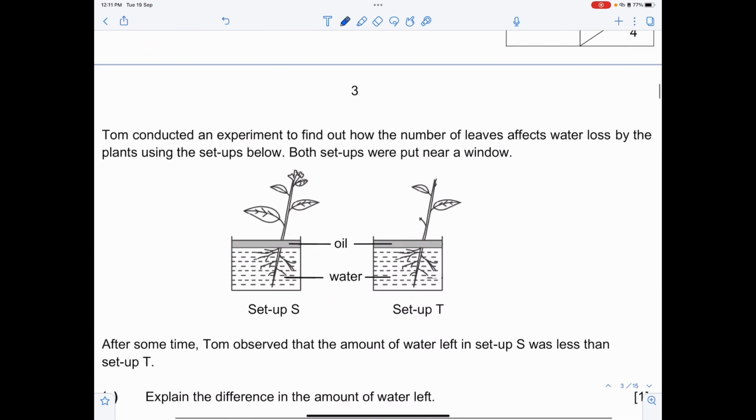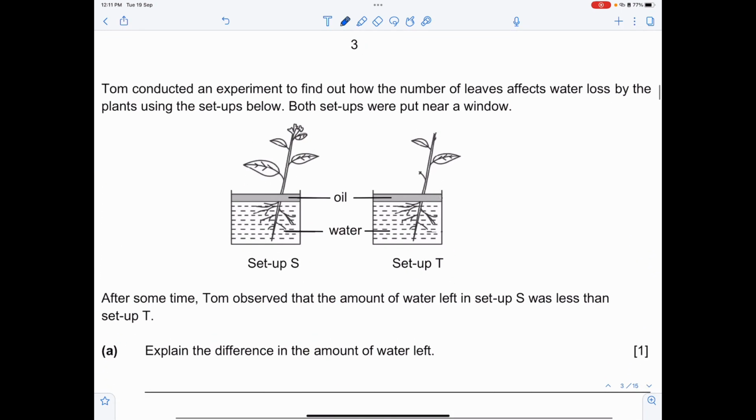Next. Okay. Tom conducted an experiment to find out how the number of leaves affect water loss by using a setup below. So straight off the top, we know that number of leaves is your changed variable, and your measured variable would be volume of water.